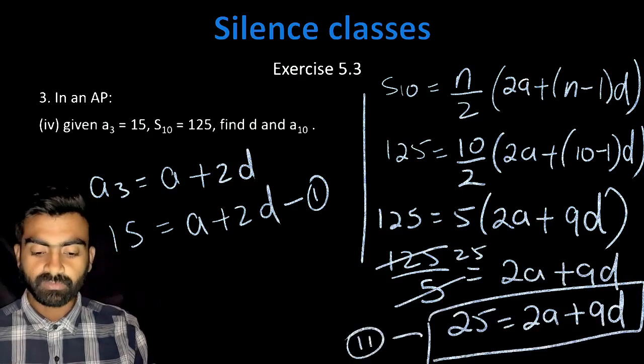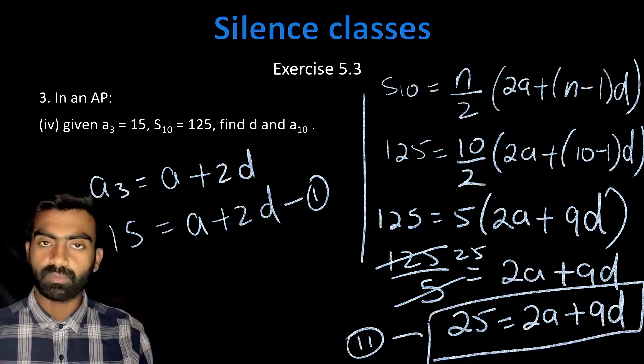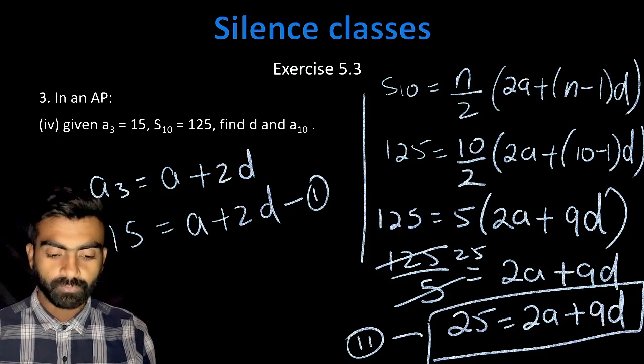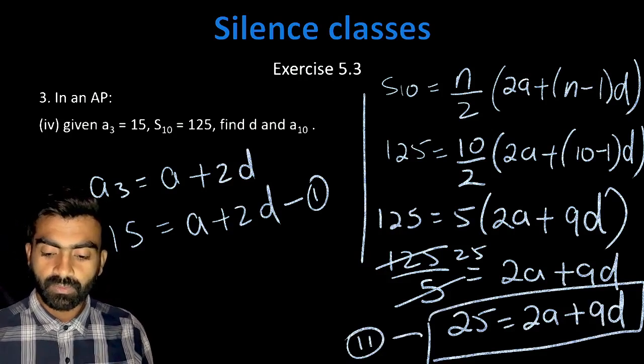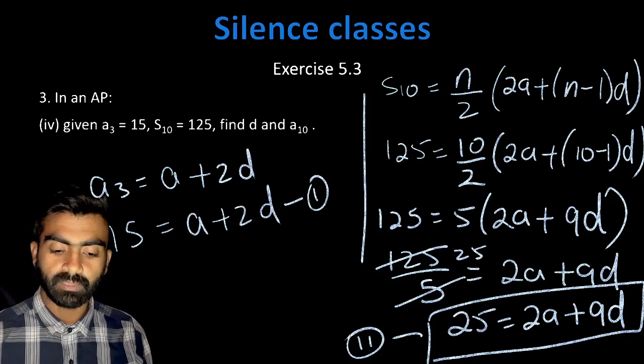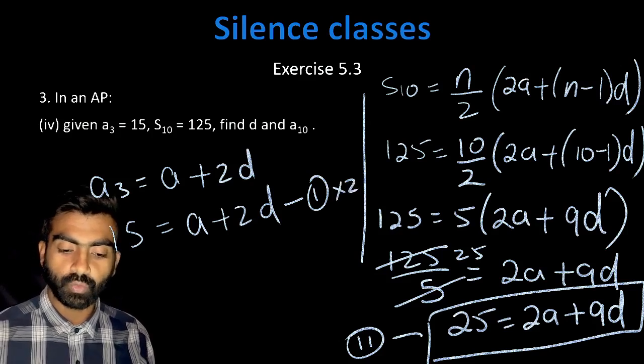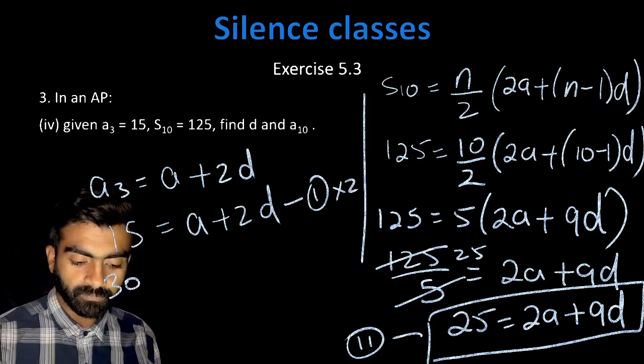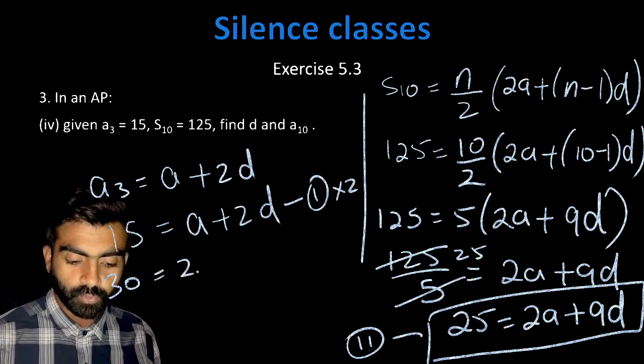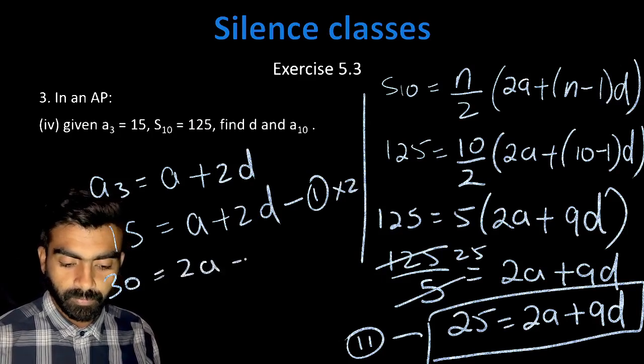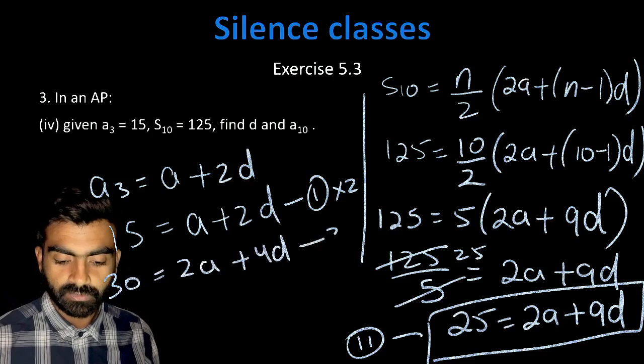Now by subtracting equation number 2 and 1, we can find either A or d. We can find d here, so we multiply equation number 1 by 2. So we will get 30 is equal to 2A plus 4d. That is equation number 3.